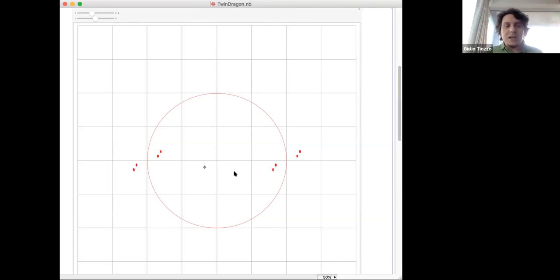And so the way this works, you can pick a point. Remember, you have to pick a complex number of modulus less than 1. So in this red circle, this gray dot represents the choice of such an element. And for any such choice, this red picture shows the limit set.